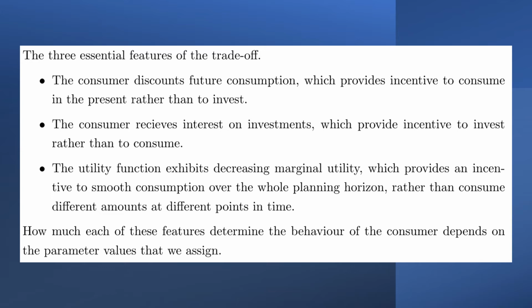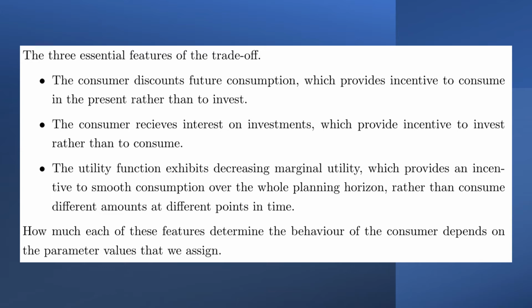The third mechanism is the fact that we have decreasing marginal utility in the utility function. And this provides an incentive to smooth consumption over the whole time interval rather than to consume in a specific period only.